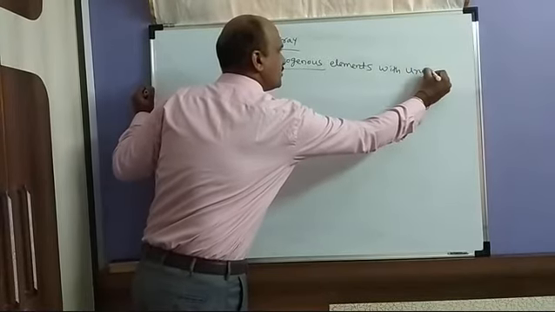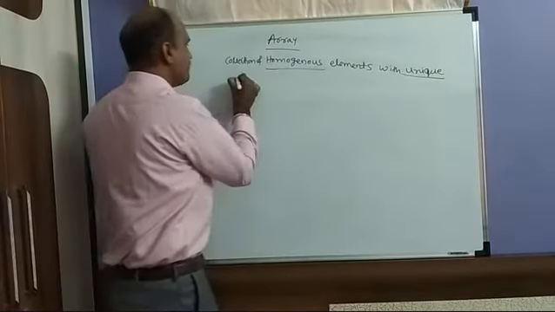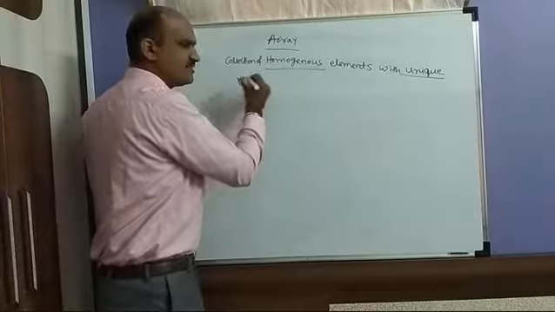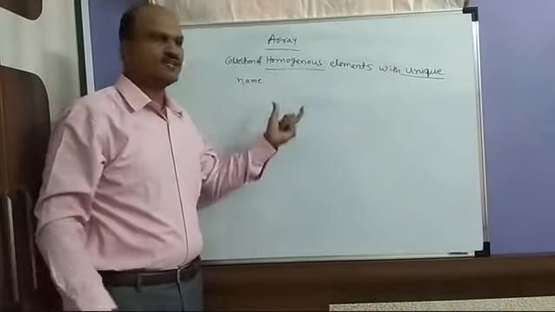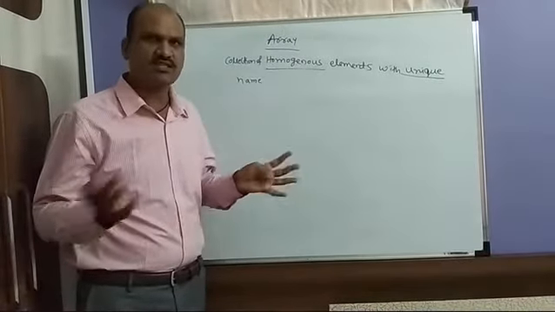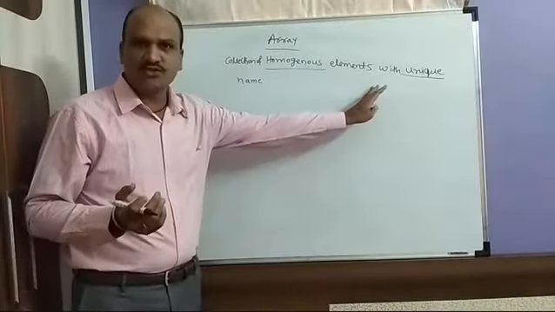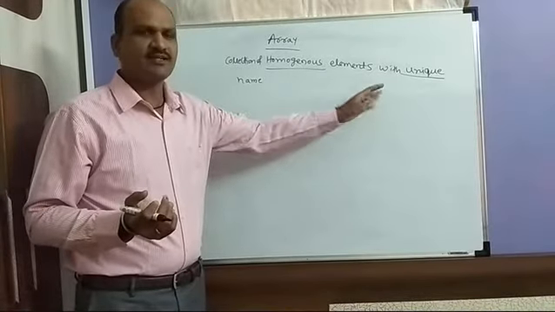With the unique name. This is the exact definition of array. Array is a collection of homogeneous elements with a unique name, and the elements are arranged one after another.